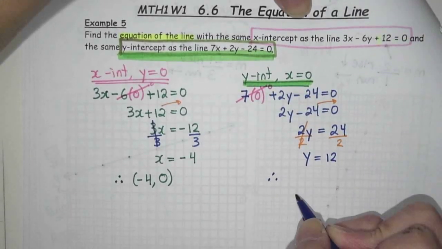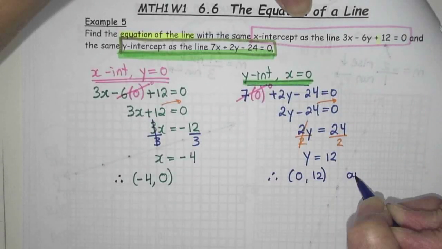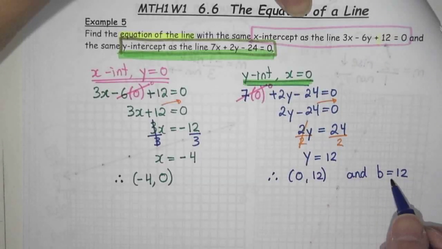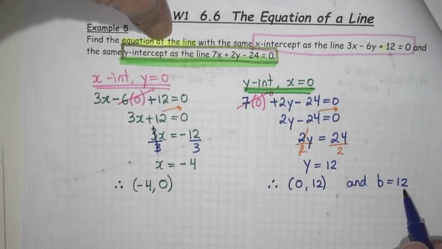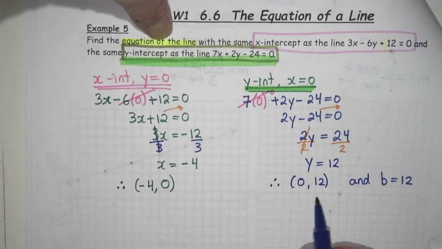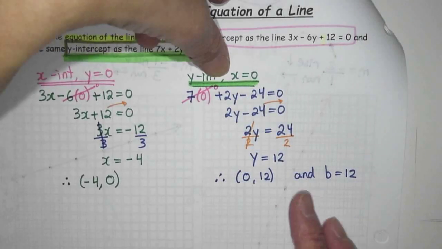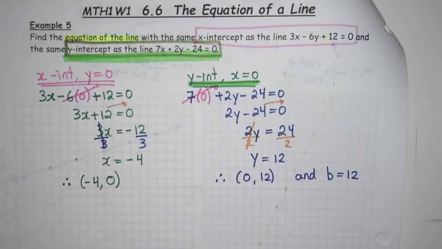So therefore, this would be (0, 12), and b equals 12. The reason why I want this is because we have the equation as well. So for the equation, we're going to use b is 12, and we also have a coordinate, so it's used two different ways. My y-intercept is actually two different things: it's a coordinate and it's b. I like to write it both ways, so you can do the same thing.